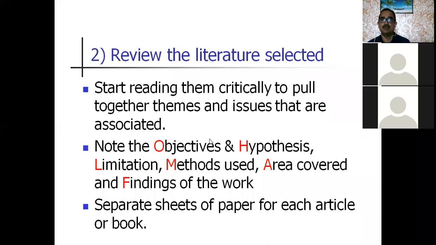What are to be noted? Note the objectives and hypotheses of the literature which you are going to review. Note the limitation of that study, the methods used, area covered, and findings of the work.